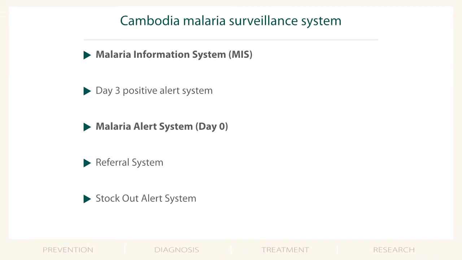The third tool is the malaria alert system, DESRO. It got the idea from the positive alert system, and we cooperated with the INSTAT organization to help us develop that system. The same with the referral system and the stock alert system; we also cooperated with INSTAT to develop them.